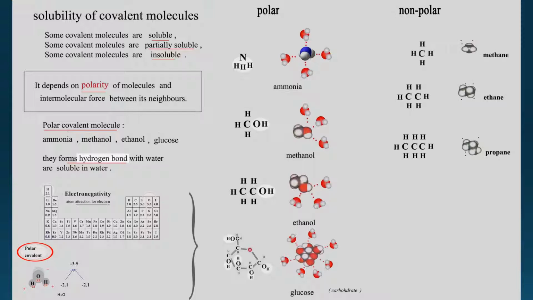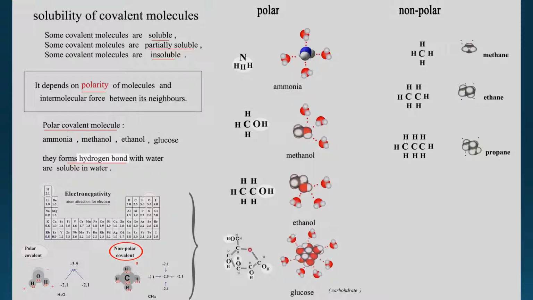Now let's look at the other side. What about those non-polar substances? The non-polar substances are not soluble in water. Water does not attach to them. Why are they non-polar?